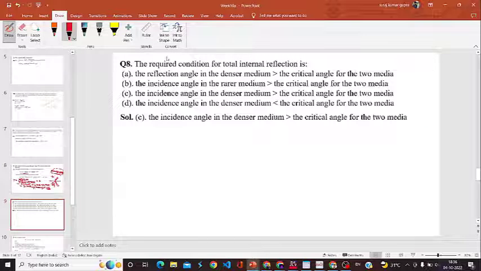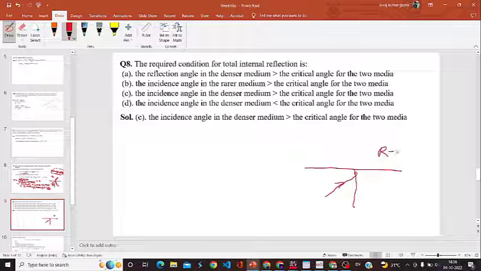Okay, so the next problem states the required condition for total internal reflection. Basically, total internal reflection is the condition in which the incident wave will not be transmitted to region 2.